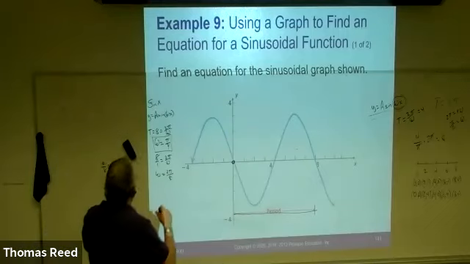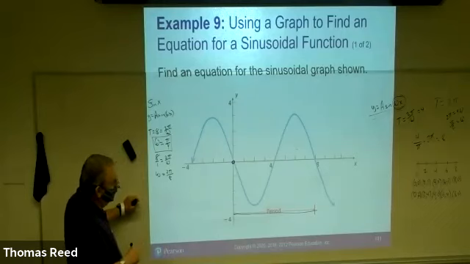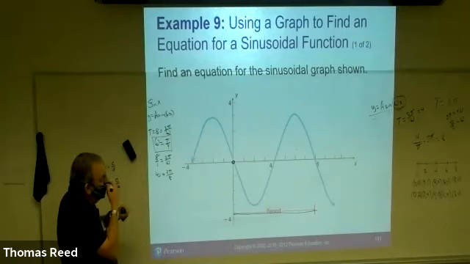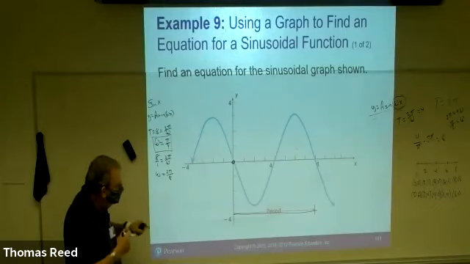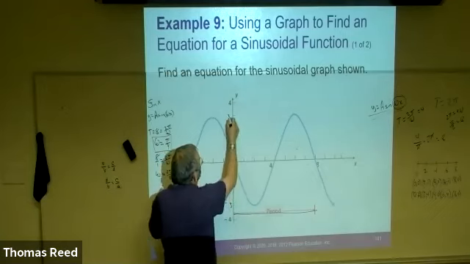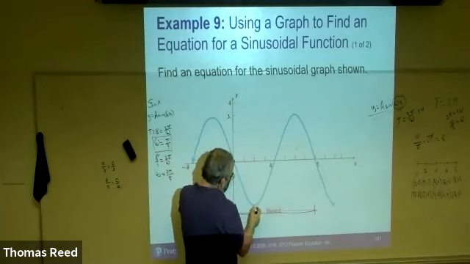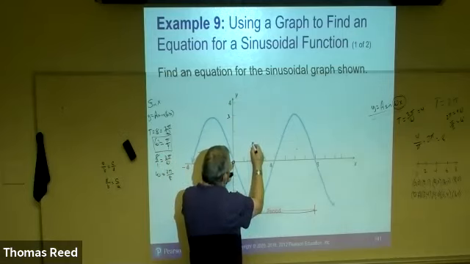So now we need to figure out what our maximum and what our minimum is. Well, our minimum here is -3. Our maximum is +3, but sine in the first one is supposed to be at 1.